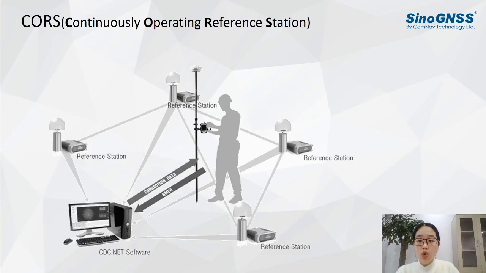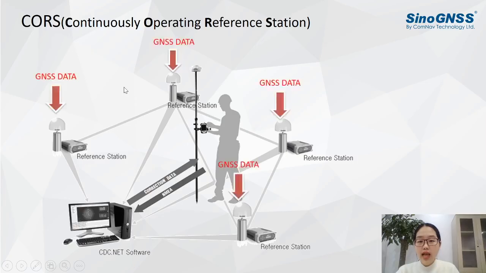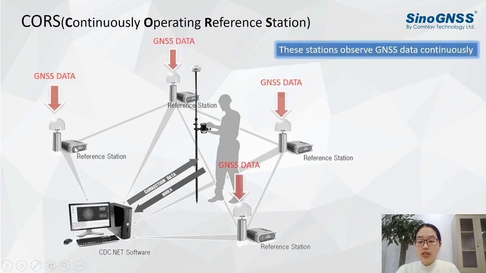CORS, what is CORS? CORS is continuously operating reference stations, and is also often called a permanent reference station. Normally, it consists of a reference receiver and a tracking antenna, installed on a stable location in the site.